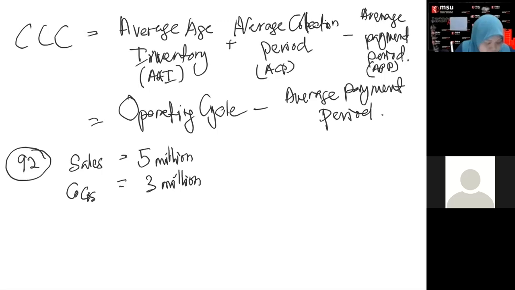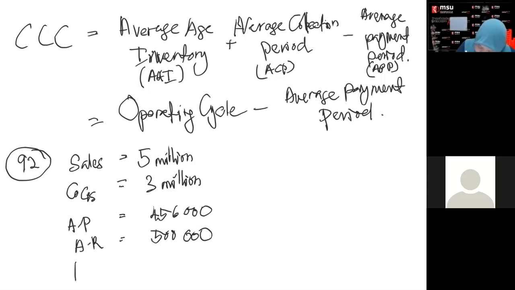The account payable is 456,000 and account receivable is 500,000. The inventory for the year is 411,000.